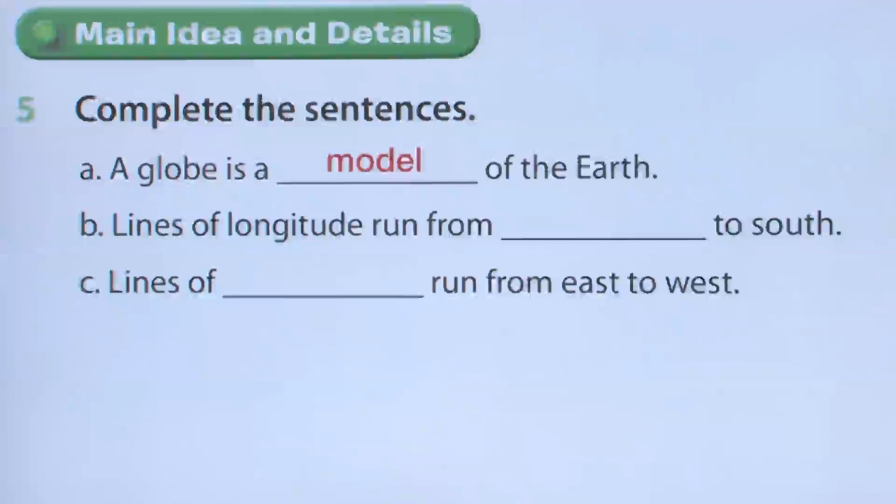What's the opposite of south? Yeah, north. North to south, the North Pole to the South Pole. C, lines of blank run from east to west. Now, I just gave you the answer a moment ago. It is latitude. Lines of latitude run from east to west.